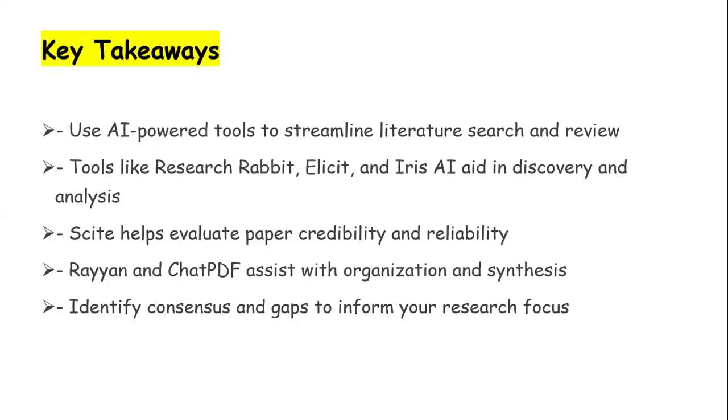And then to find gaps, you can use Consensus. This is basically an arrangement which you can use, or you can do all of those things. All of those steps can be performed, or you can do the whole literature review using one tool as well.